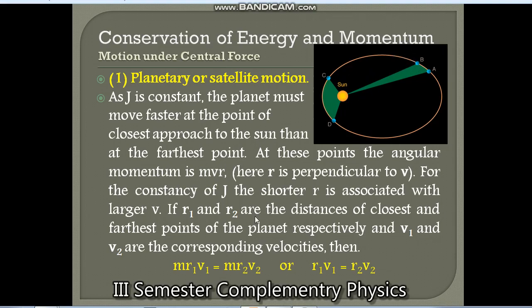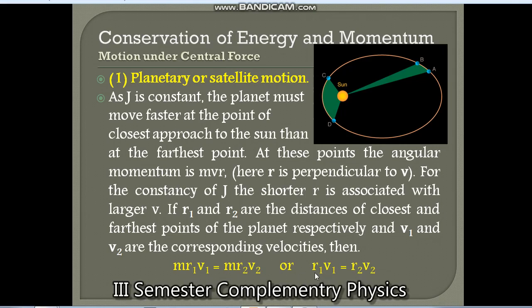But this formula m v r cannot be applied for other points, because at those points velocity v and r are not perpendicular. So at the positions of shortest and farthest points, if r1, v1 and r2, v2 are the positions and velocities at these points respectively, then conservation of angular momentum says that m r1 v1 is equal to m r2 v2, or r1 v1 is equal to r2 v2.